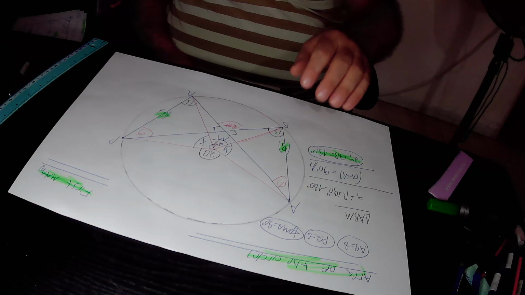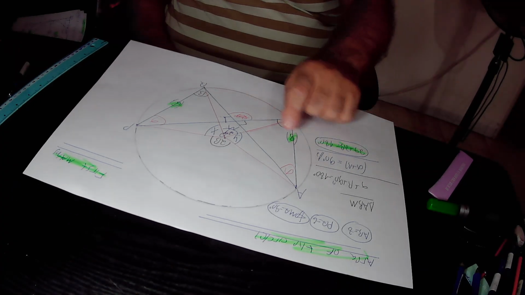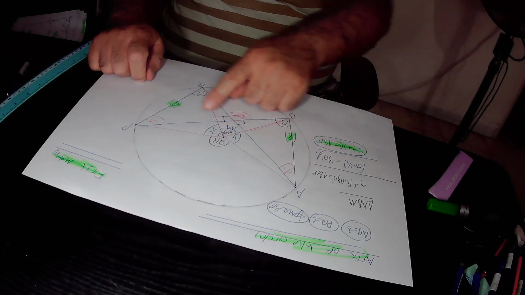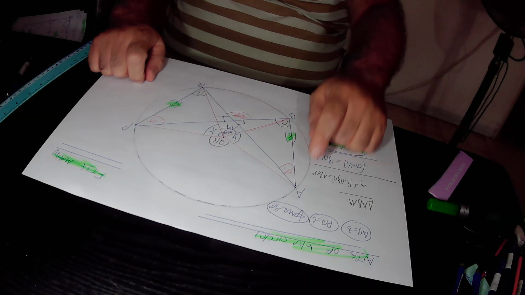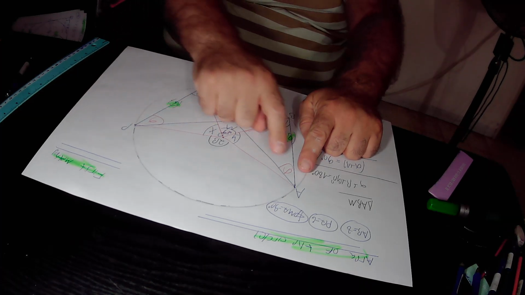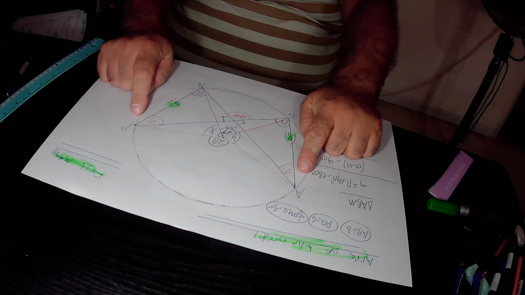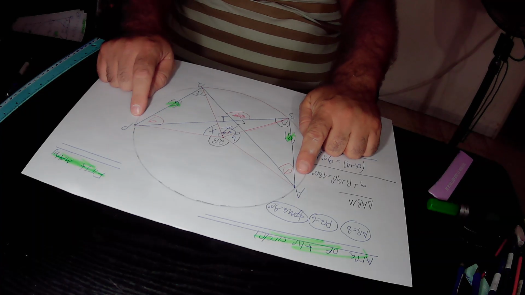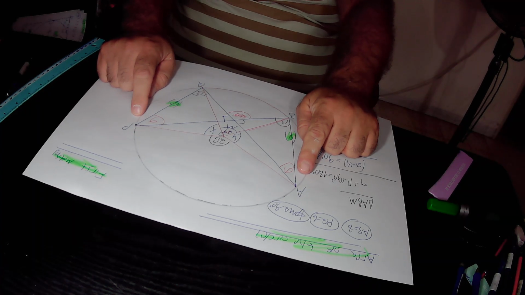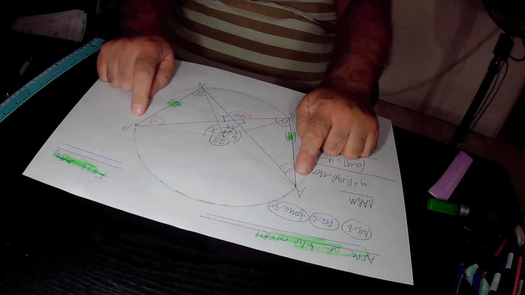In the next step, we take the central angle AOP that subtends on arc AP. And according to rule 13, the size of the central angle is twice as large as the size of the peripheral angle that subtends on the same arc.